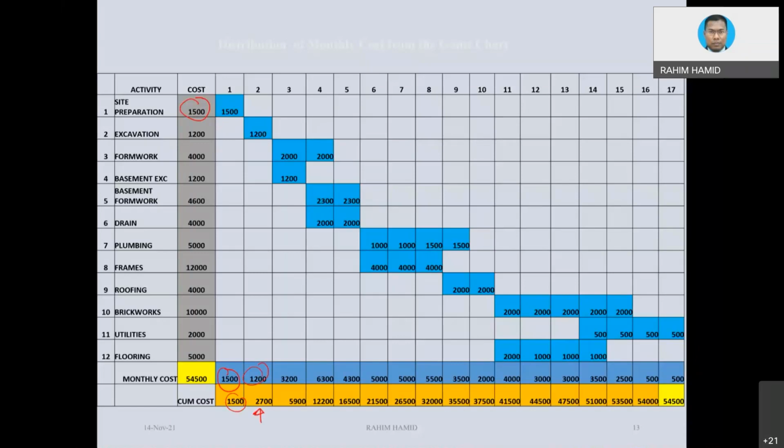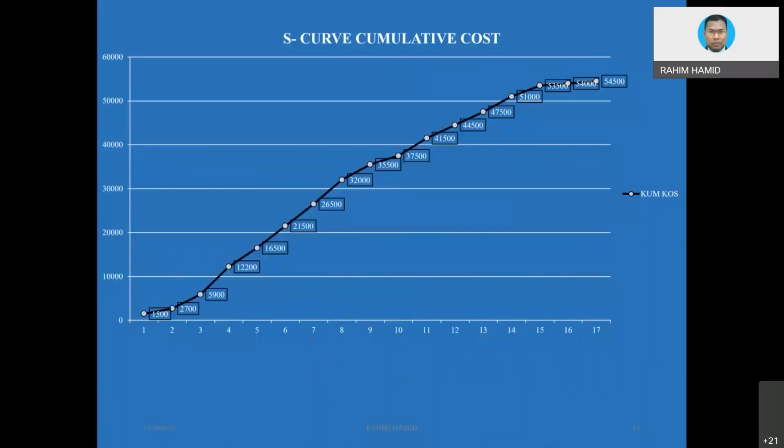You notice that the cumulative cost, when you go until the end, 54,500, for instance, is equivalent to when you total up the cost for each activity. It should be the same. What you are doing is just distributing the cost according to the time scale, for instance monthly, in order for you to generate the so-called S-curve.